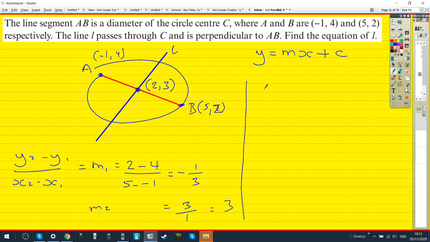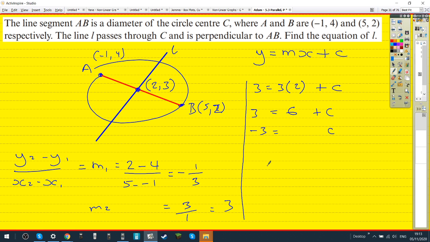Yep. So from the midpoint. Yep. Because L goes through only the midpoint. Yeah. So it's 3 equals 3 brackets 2 close brackets plus c. And then you work out what 3 times 2 is, which is 6. So 3 equals 6 plus c, then we minus 6 on both sides, which is minus 3 equals c.